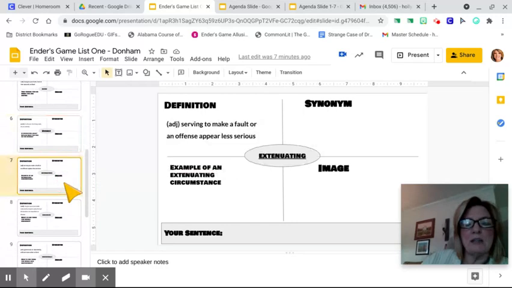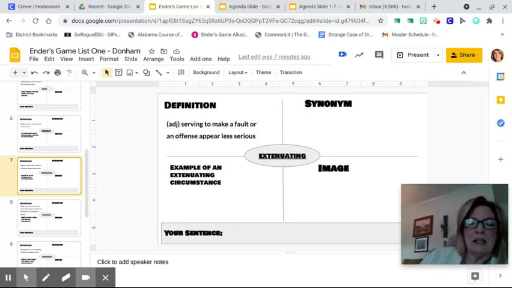The next word is extenuating. Here you're going to give an example of an extenuating circumstance, okay? Extenuating means to make a fault or something that's happened appear less serious. It's when somebody tries to make something like an excuse.